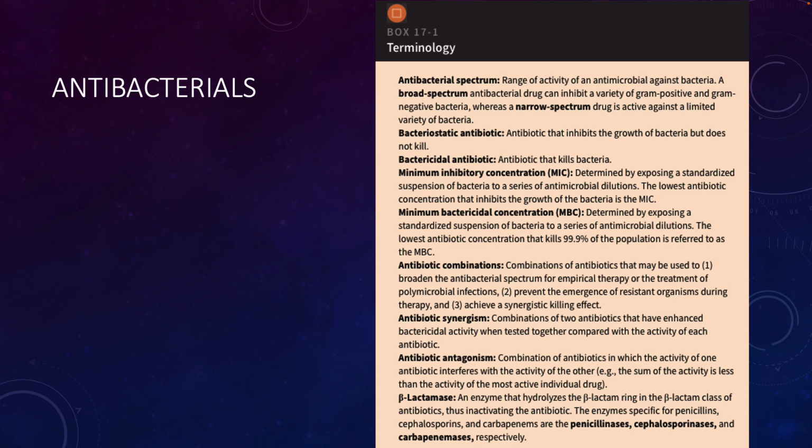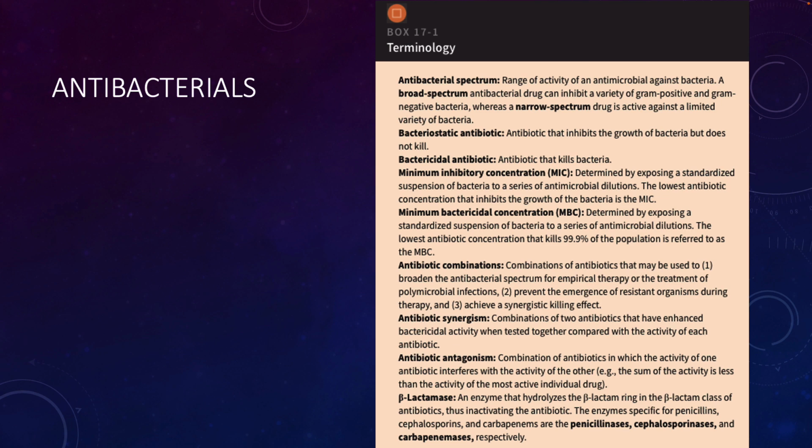What we'll also talk about is the idea that when a physician thinks about what antibiotics they want to prescribe, they sometimes might want to prescribe antibiotic combinations. And this can be for a number of different reasons. Perhaps a patient has an infection caused by 2 or more bacteria.